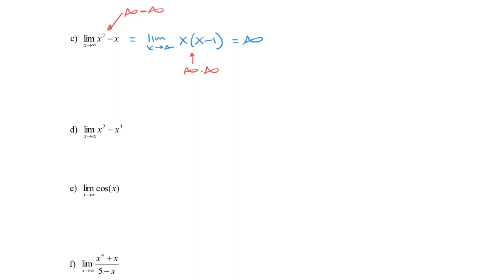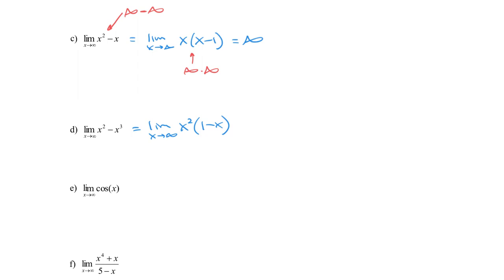So this one, to get out of our indeterminate form, we could once again factor. We could say, let's take the limit as x approaches infinity and factor out an x squared, and then we're going to get 1 minus x. Now plug in infinity, we've got infinity here. 1 minus infinity, well that's negative infinity.